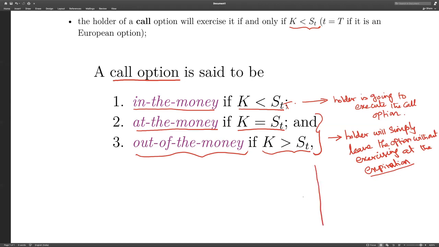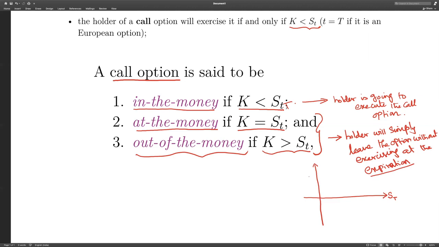Let us look at this problem in a coordinate system where the x-axis is the spot price of the underlying asset at expiration. Whether the suffix is capital T or small t is not important. It's at expiration that is more important at this level. In a deeper theory, it matters whether you are talking about a European or American option, but at this introductory level, it doesn't really matter.